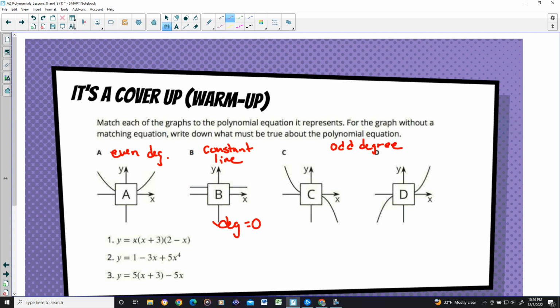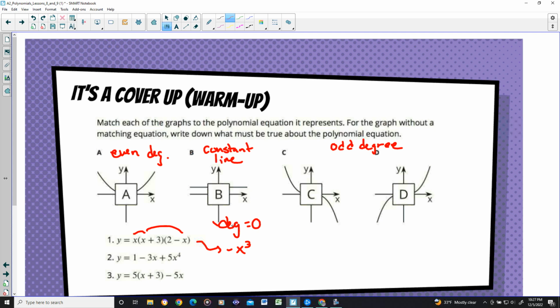So if you were to distribute this out, the easiest way to do it is to distribute all the x terms. So x, now you have an x here, so x times negative x, and you're going to get a negative x to the third. So it's an odd degree.